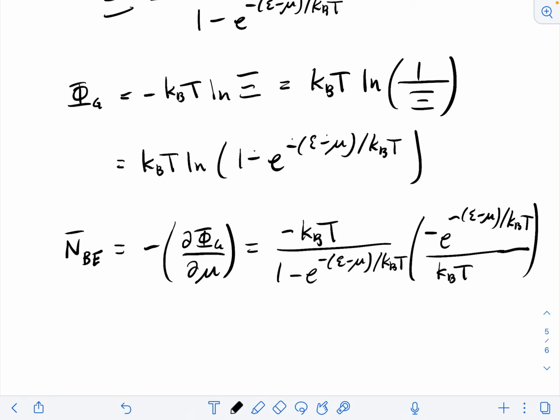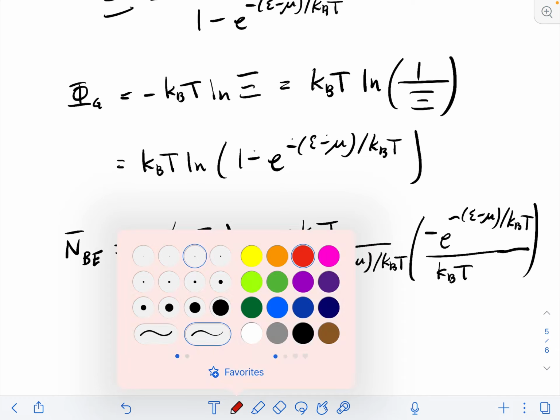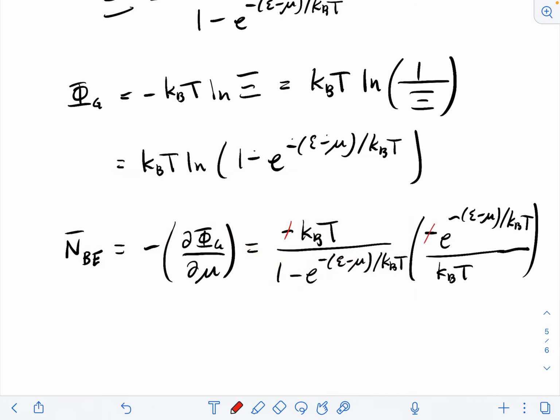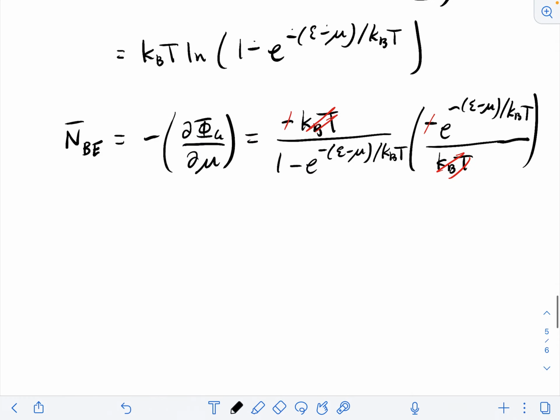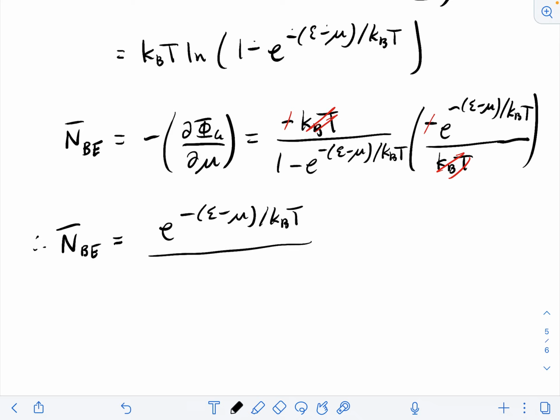Okay, and so we can cancel the negative sign, and we can cancel a kBT, so that this Bose-Einstein distribution becomes e to the minus epsilon minus mu over kBT over 1 minus e to the minus epsilon minus mu over kBT. And now what we can do is what we did before.